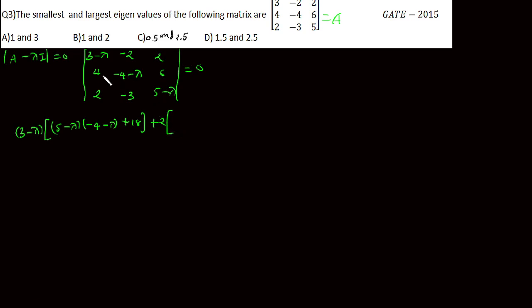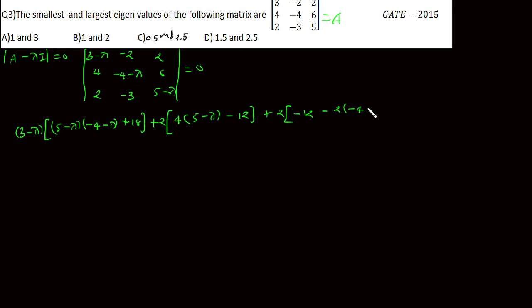Now we have to multiply this element 4 and 5 minus lambda, so we are getting simply 5 into 4 minus lambda. We have to subtract the multiplication of these two numbers, which is 12. Now the last term, we have to multiply both minus 12 and we have to subtract the multiplication of both.